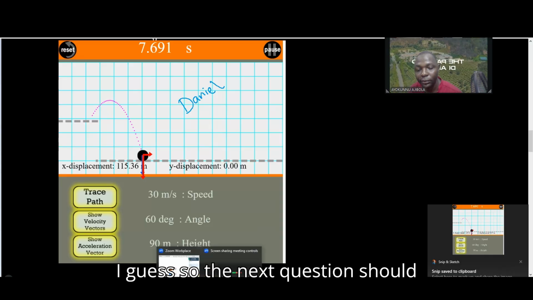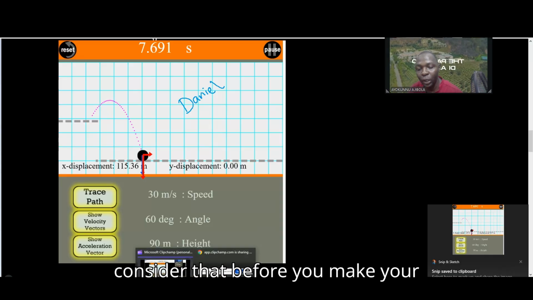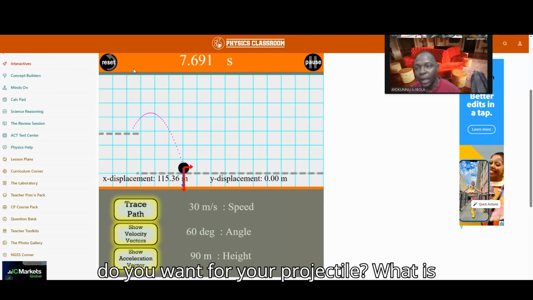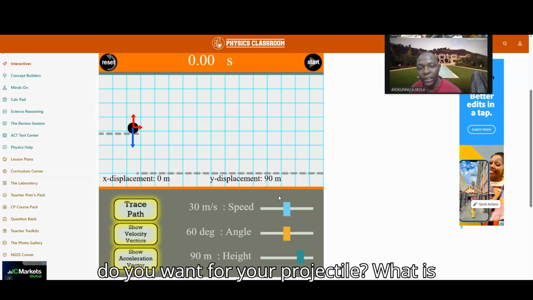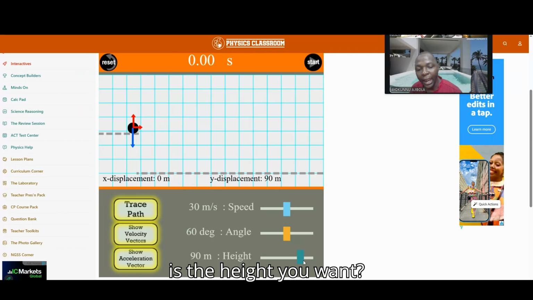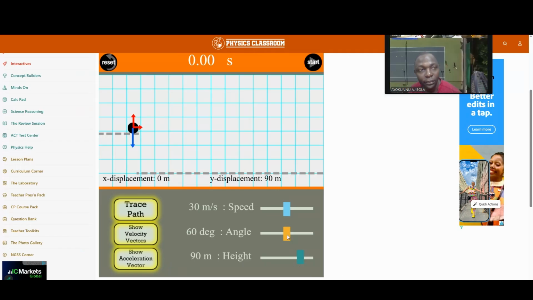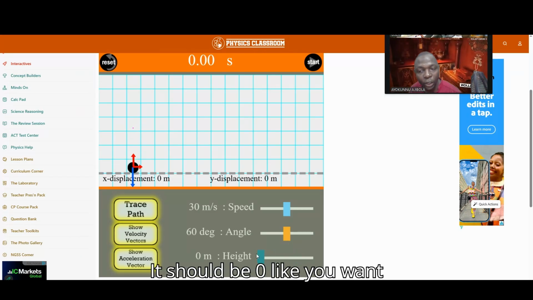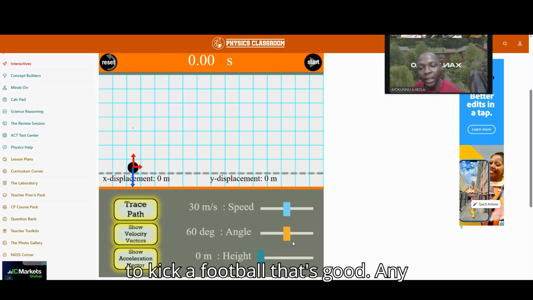So the next person should consider that before you make your choice. Festus, what arrangement do you want for your projectile? What is the speed? What is the angle? And what is the height you want? The height should be zero, like you want to kick a football. That's good.